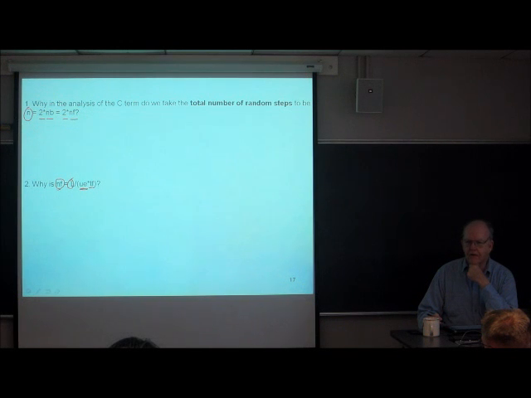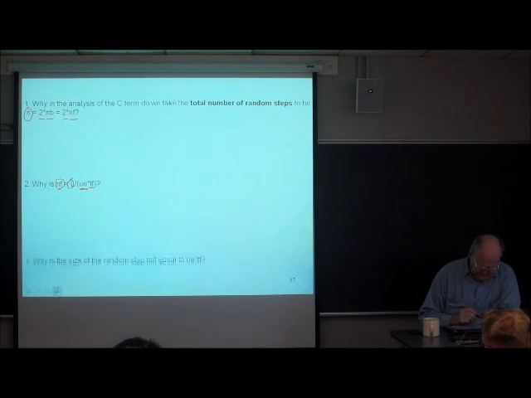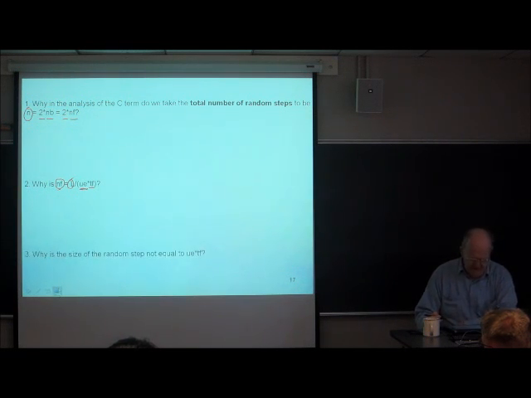It's true, but why is it valid physically? And the third question is, why is the size of the random step not equal to the average velocity times the time of a forward step? I'll post these so that you'll have them exactly.